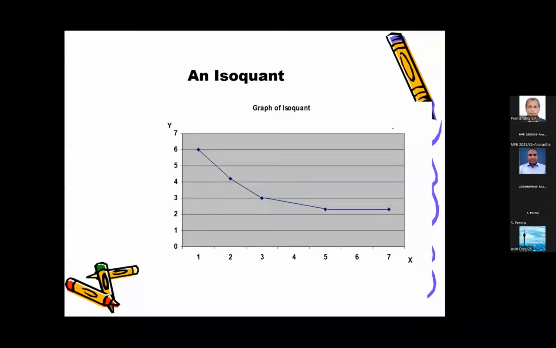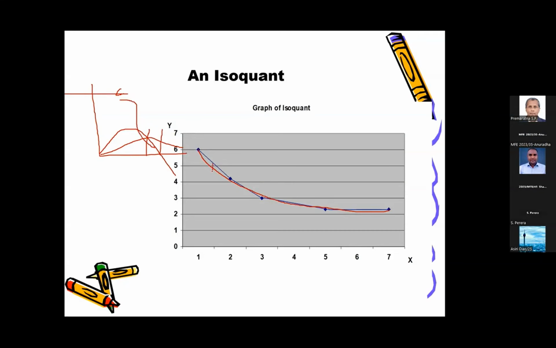Now here you can see the single isoquant curve. Usually it has a negative slope. Why? If you remember when I discussed the short-term situation, producers make the decision in the second stage, this stage, and apply the law of diminishing returns.